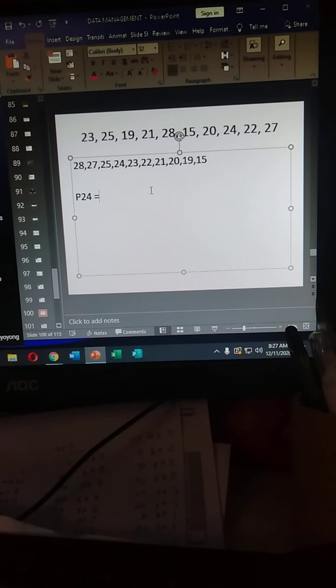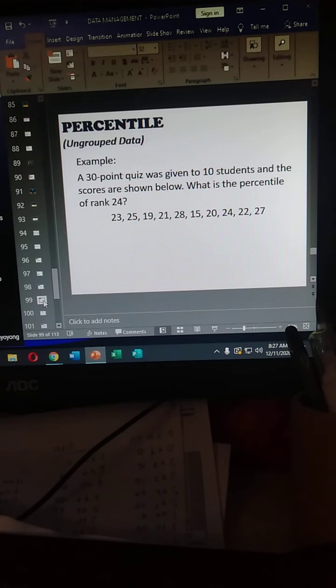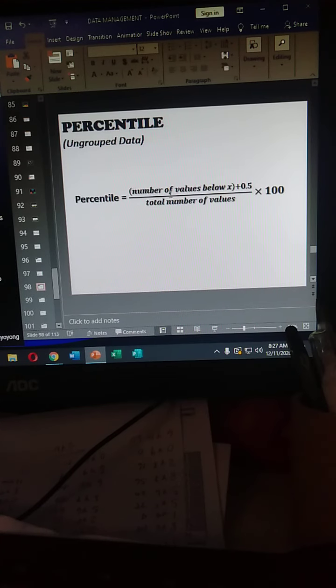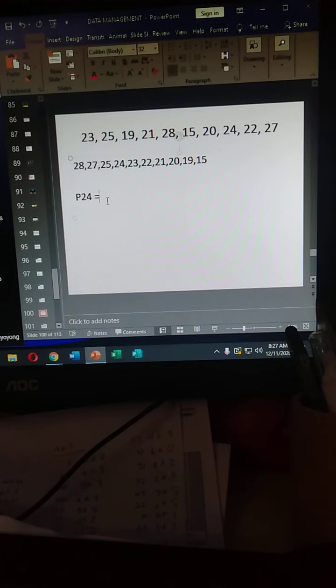Sabi dito sa formula natin, number of values below X plus 0.5 all over the total number of values times 100. So, paano? Percentile rank. Hanapin natin kung ilang data ang below doon sa 24 na given. This is the given.